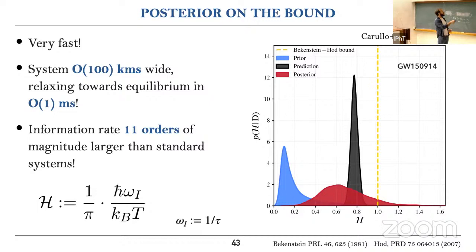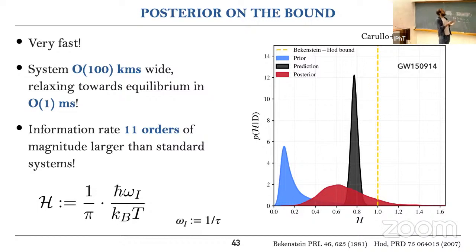So basically, the information emission rate can be written something like this: 1 over pi, and then you have kappa_B T, where T is the Hawking temperature, and the numerator is simply h bar and omega_I, where omega_I is the inverse of the damping time. This is just quantifying thermal emission against the emission that you're getting in gravitational waves. And the ratio of these two is essentially how fast the system is emitting information.